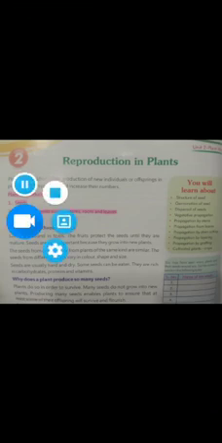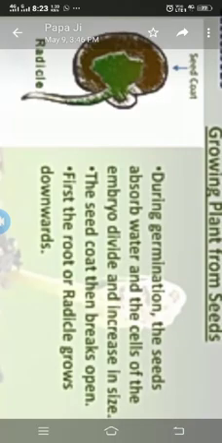So plants are amazing. Do you know, children, that they not only grow from seeds but also from roots, stems and leaves. But if a seed survives, gets the right amount of water, air and heat, then it will sprout out into a baby plant or a seedling, and this process is called germination.